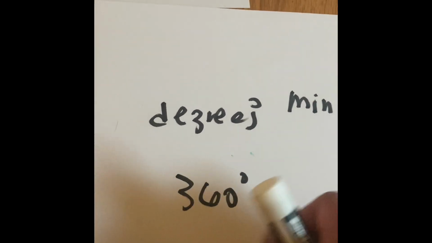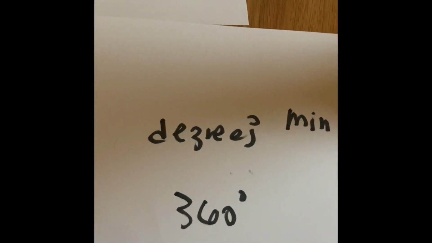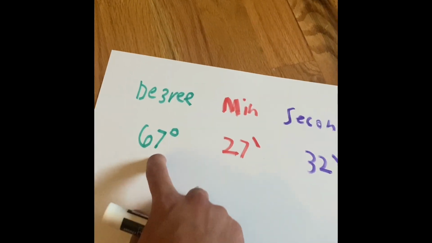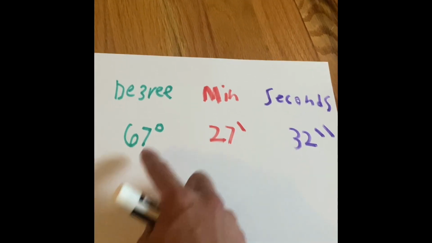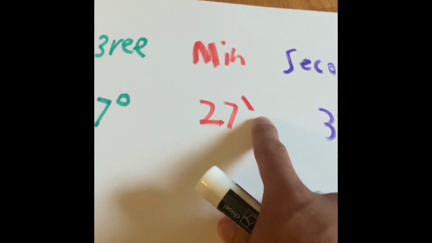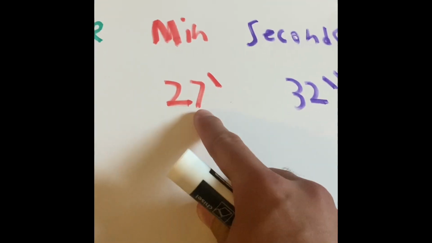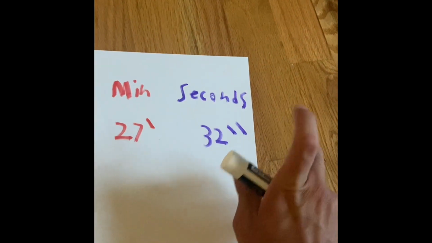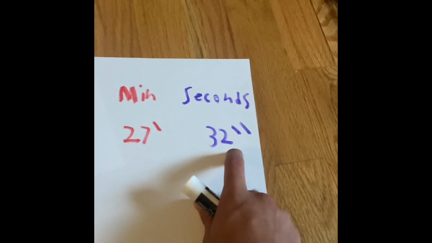So, the kind of answers that we're going to look at will come in this format right here. You'll see degrees as a degrees symbol. Minutes will have 1 strike right behind the number, and it'll always be the middle number. And seconds will have 2 strikes, and will be the last one.